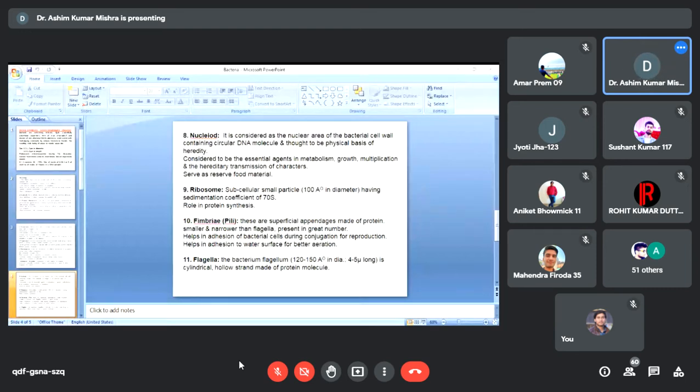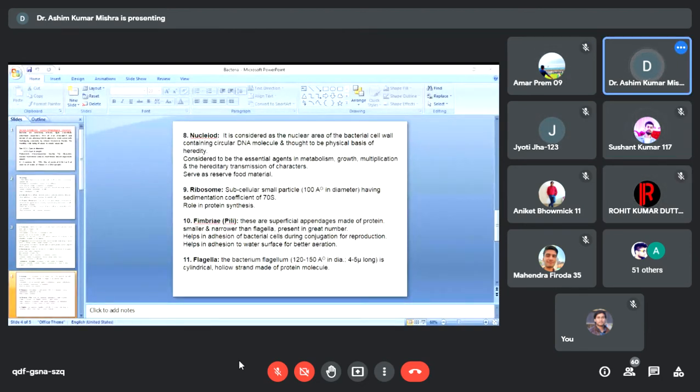What is the unit of centrifugation? Svedberg unit. It is rotated at, I think you might know, RPM, revolutions per minute.